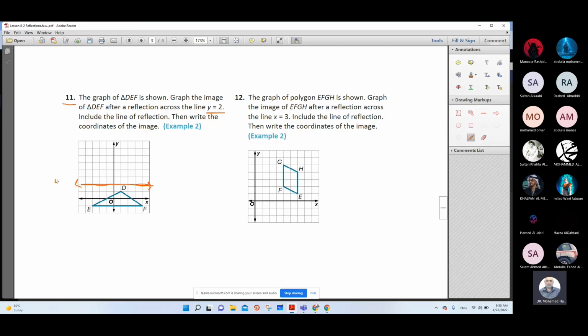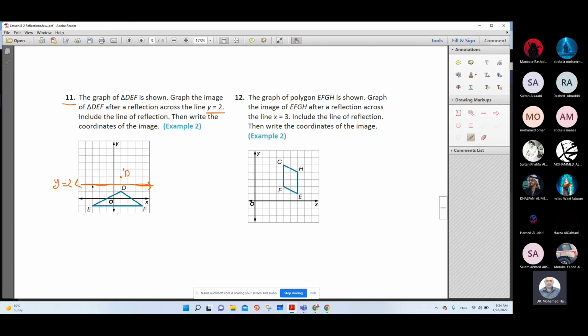This is y equals 2. Then find the distance between D and the line. We have 1 unit, so count here 1 unit. So this is D prime.